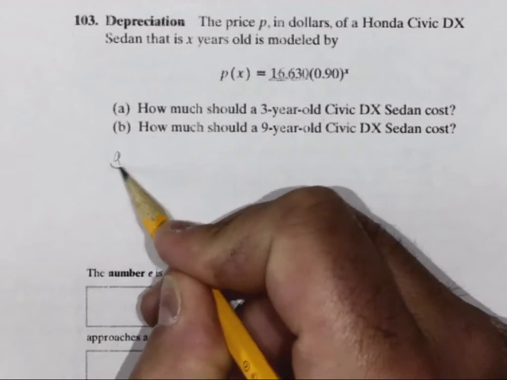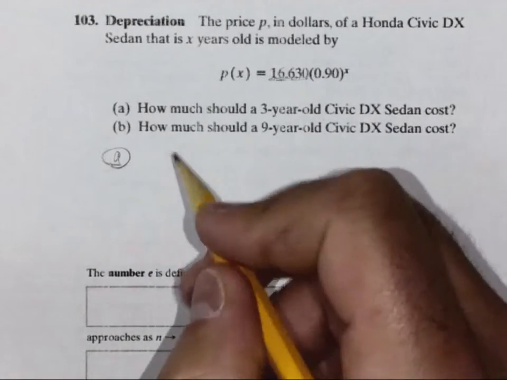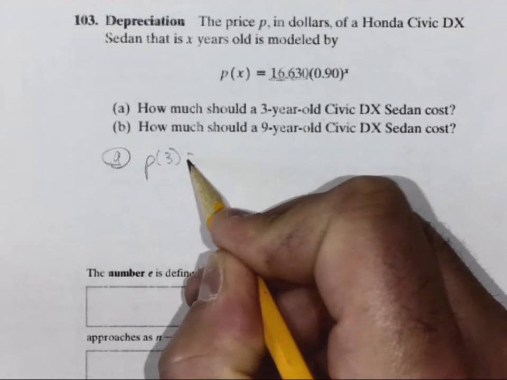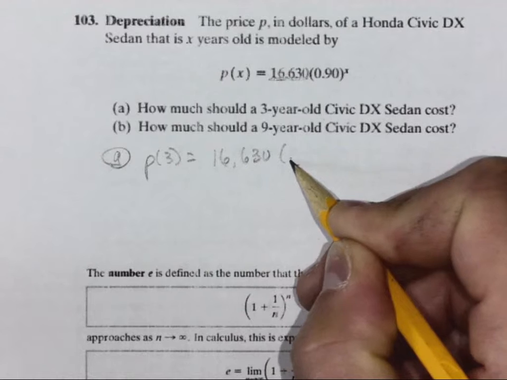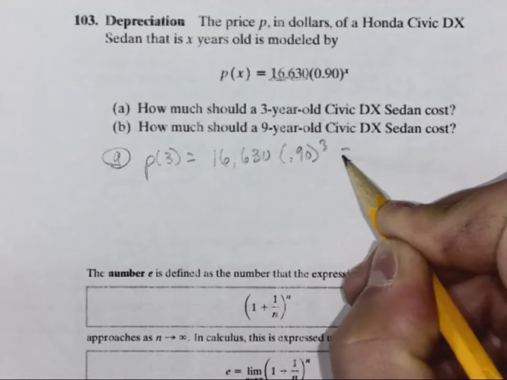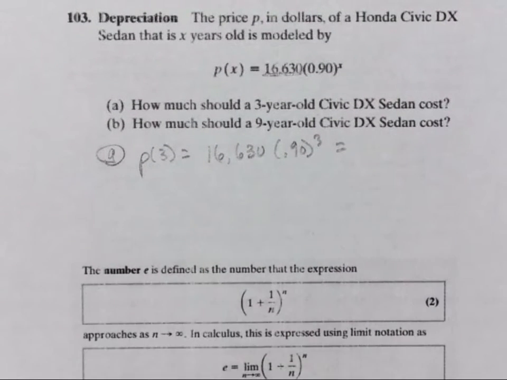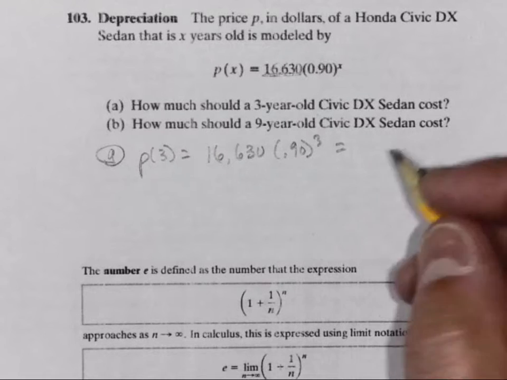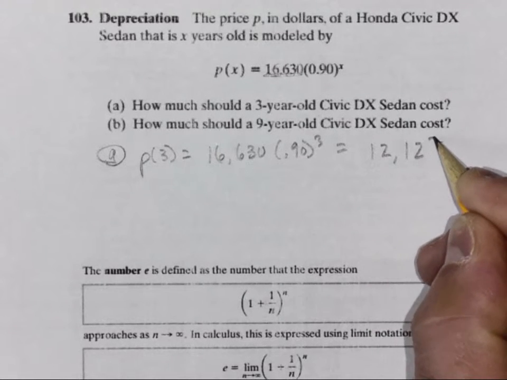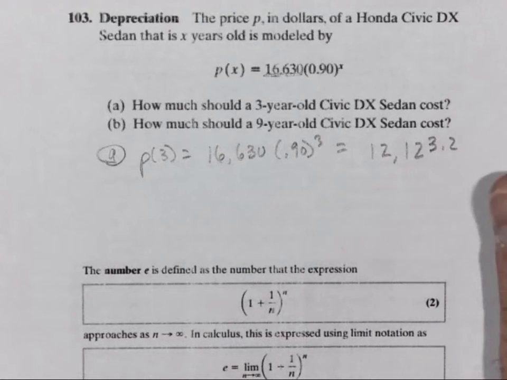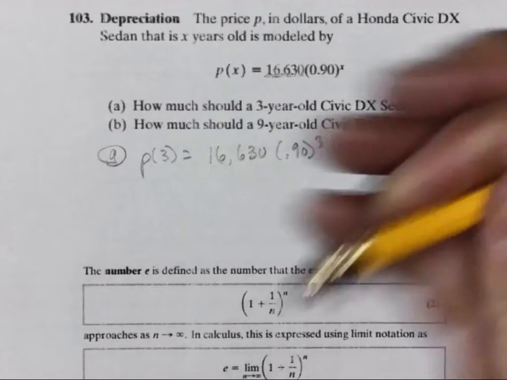Well, we are essentially plugging in 3 into the function. So we could use our calculator to find that. And so after 3 years, the car is worth $12,123.27.